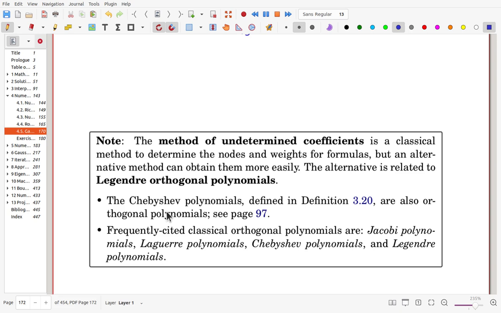We earlier studied Chebyshev polynomials. These are also orthogonal polynomials. Frequently cited classical orthogonal polynomials are Jacobi polynomials, Laguerre polynomials, Chebyshev polynomials, and Legendre polynomials.